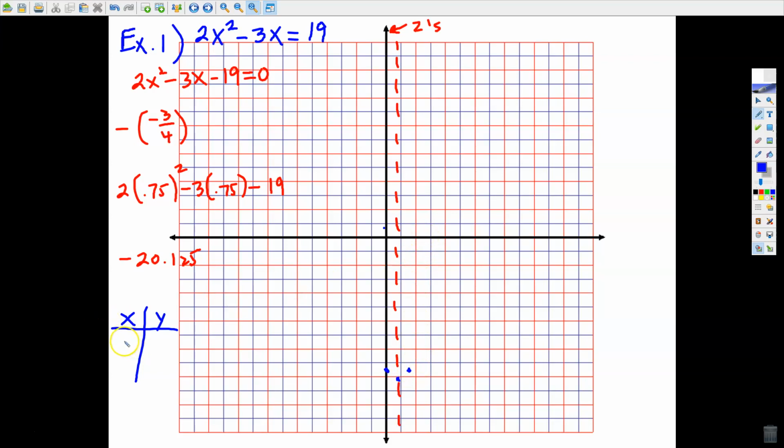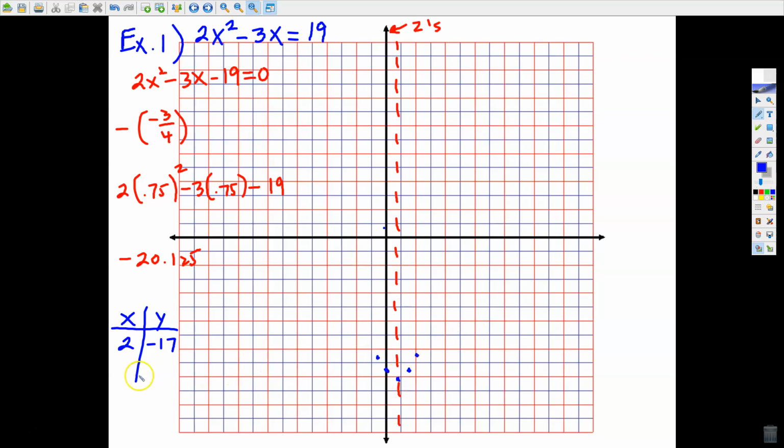So let's just go ahead and just see what this graph is going to do. So input 2 into your function, and hopefully you were able to get negative 17. So 2, negative 17, and that's right there. And that's 1 1/4 away, or you could say 5/4. So this is 3/4 plus 2/4, 5/4.